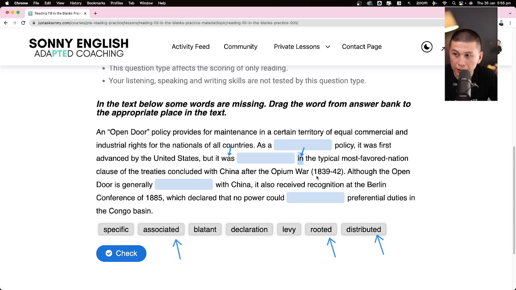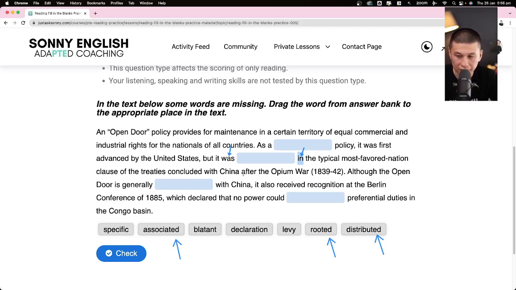That's the first thing you look for. All right, and then here we have that preposition. It usually creates a dependent preposition. So you just read it and see the ed words. Associated in, rooted in, distributed in. Which one sounds good? Or matter of fact, which one sounds bad? Maybe you don't know which one sounds good. Then let's eliminate the ones that sound bad.